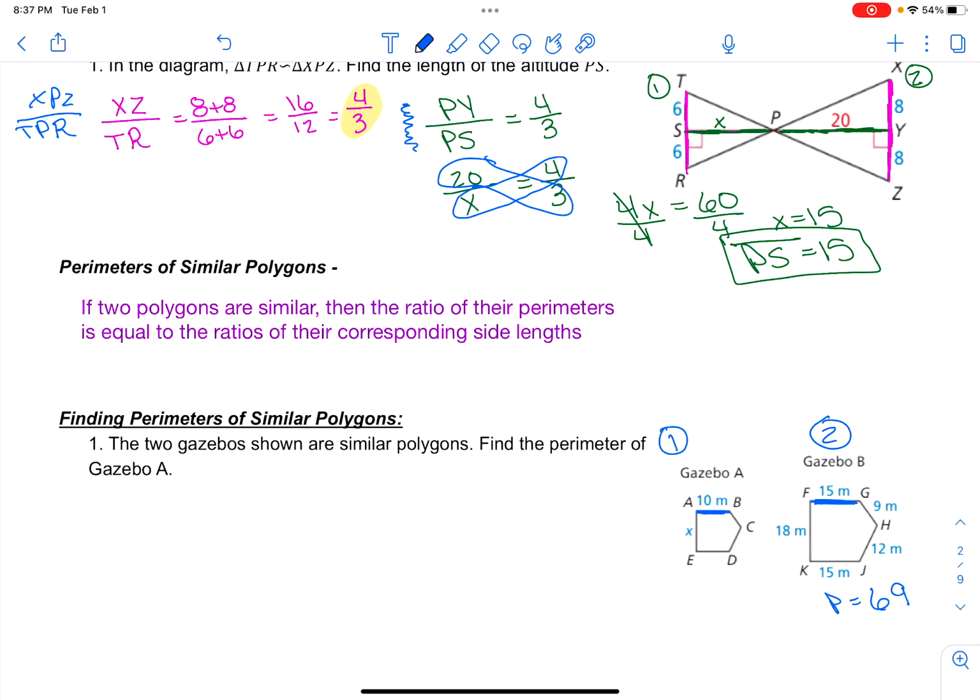So we put gazebo B of 15 over gazebo A of 10. So that is the side lengths. And then that is equal to the perimeter of gazebo B over the perimeter of gazebo A.